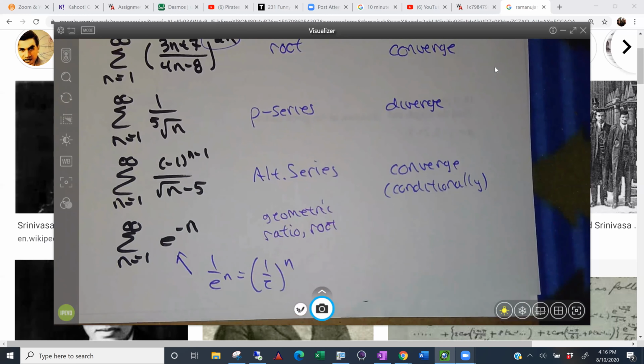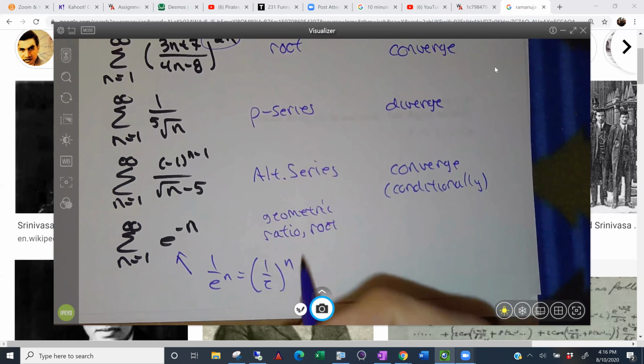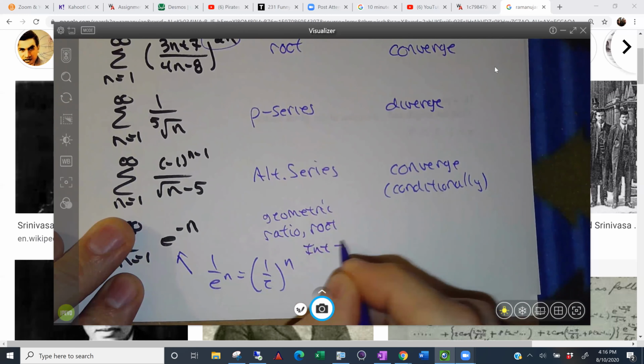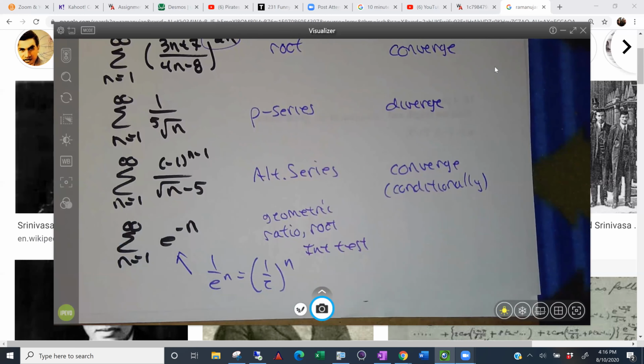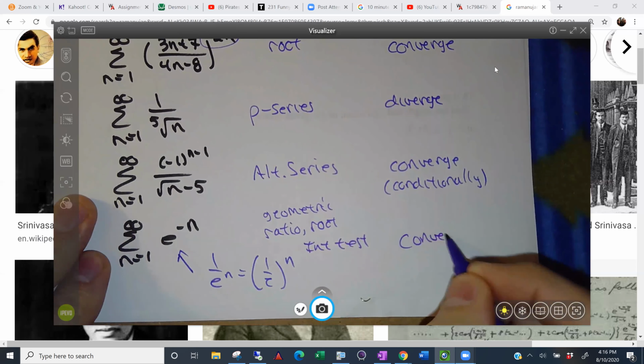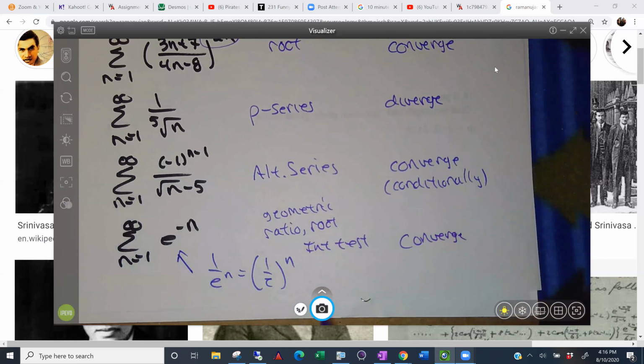Both of those would work fine. You could probably do the integral test. That would work fine. So a lot of possibilities for something like that. And it's going to converge. Well, I'd go for the easiest one. Probably the easiest one would be the geometric series. You can just look at that and say, okay, yeah, it converges.